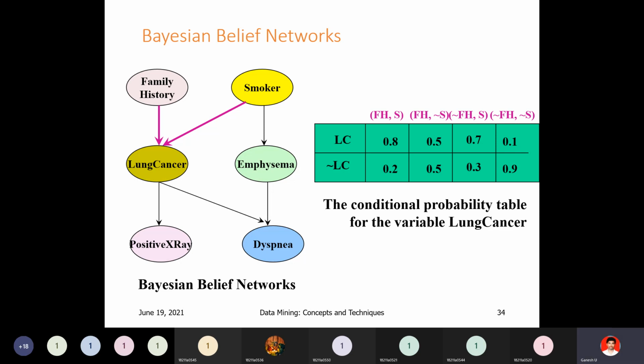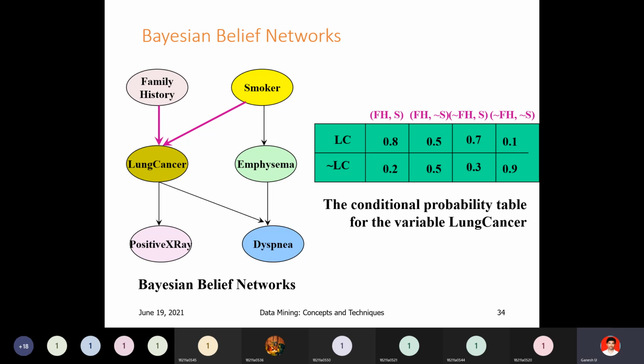See here, you have no family history and you are not even a smoker, then also in a very, very rare case there is a chance of getting lung cancer, that is 0.1, very less. So not getting lung cancer is 0.9.